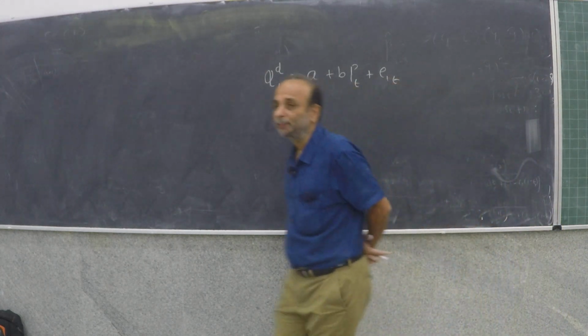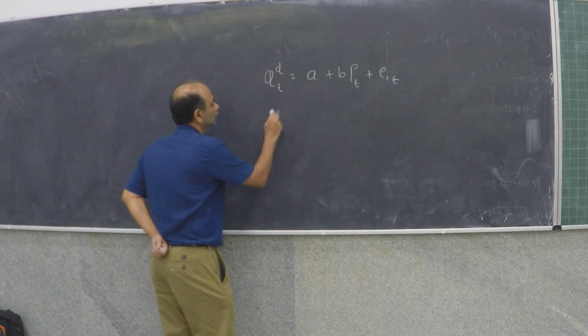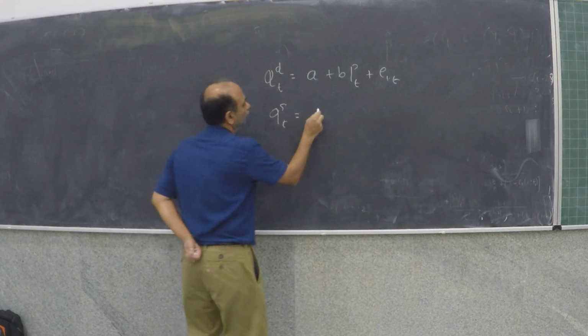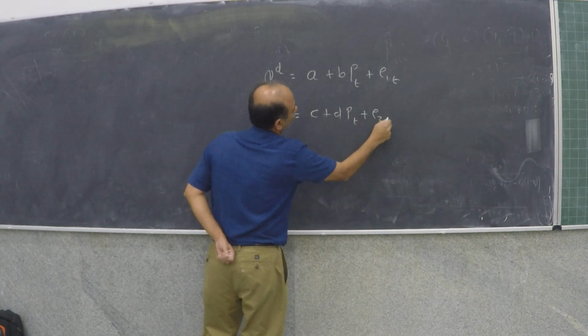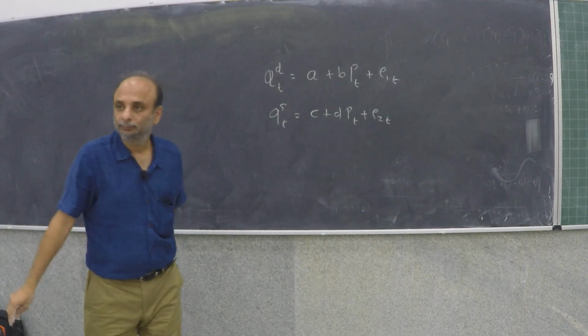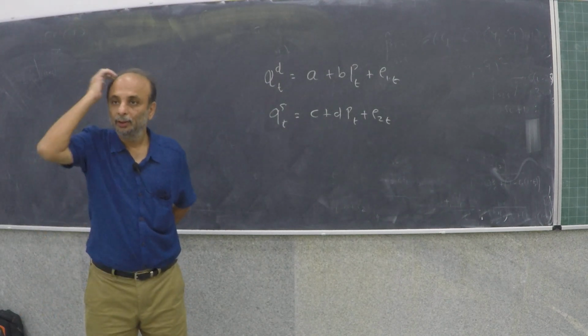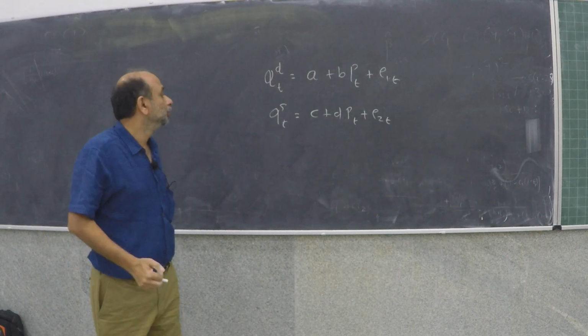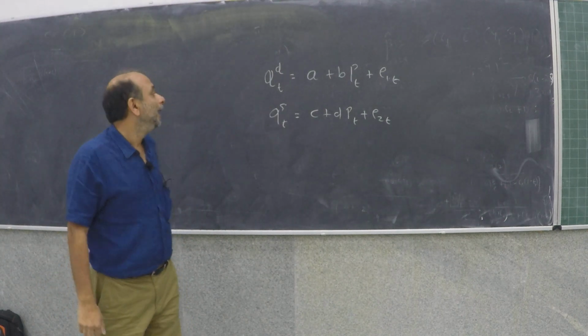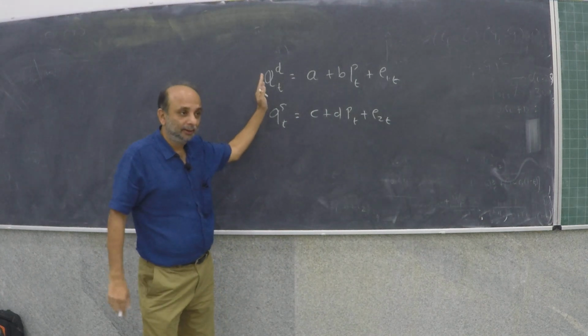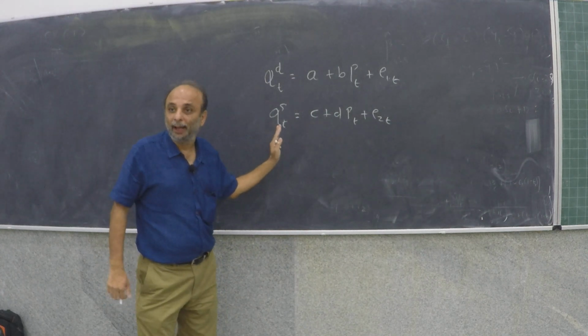You can also have a supply equation. So QS is equal to C plus D PT plus E2T, where the left hand side is the quantity supplied.